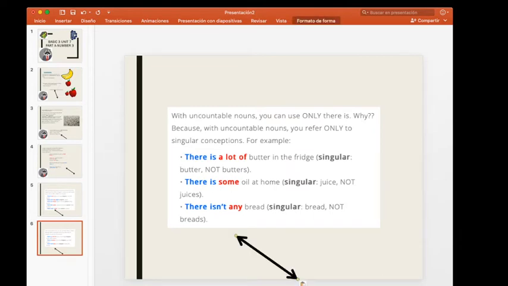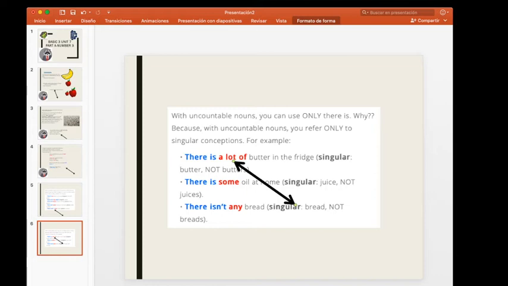And with uncountable nouns, you can use only there is. Why? Because the noun is a singular noun. Okay? You refer only to singular conceptions. For example, there is a lot of butter in the fridge. A lot of means, like, 110 butter, something like that.